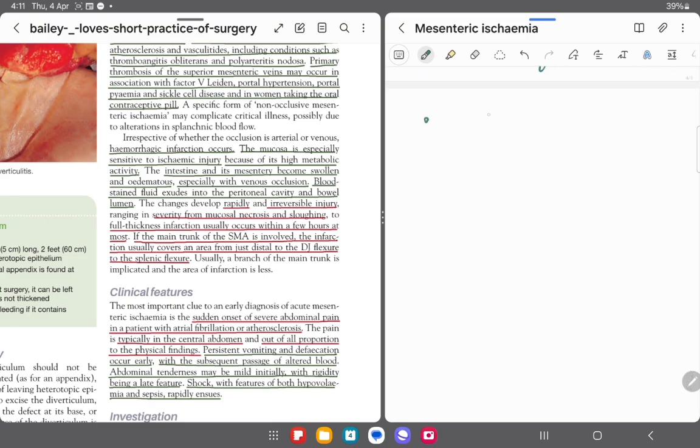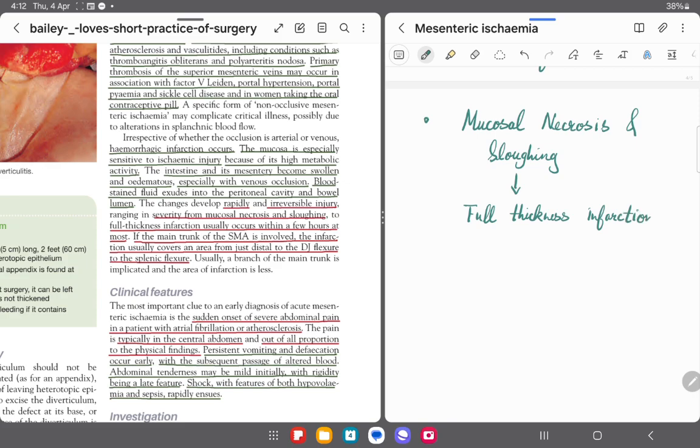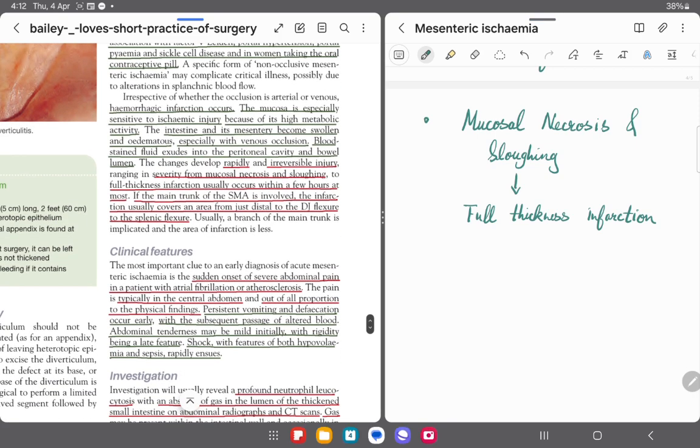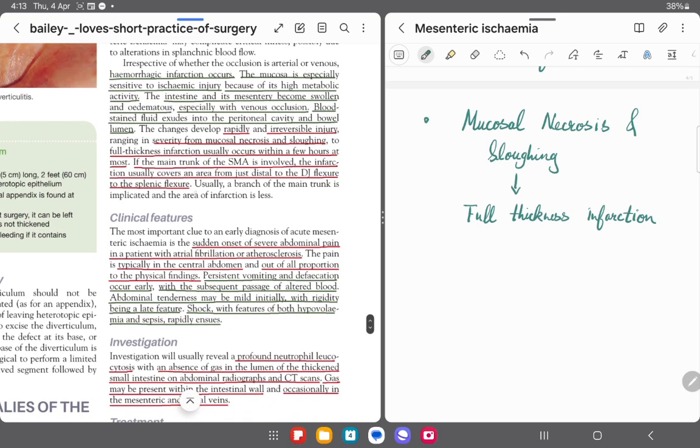And severity is from mucosal necrosis and sloughing to full thickness infarction. We've seen that if the main trunk of SMA is involved, it will cover the entire area from the DJ flexure to the splenic flexure. Usually a branch of the main trunk is implicated and the area of infarction is less.